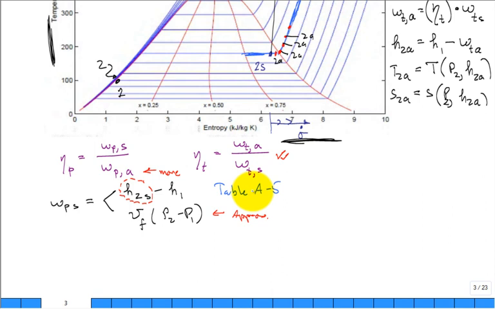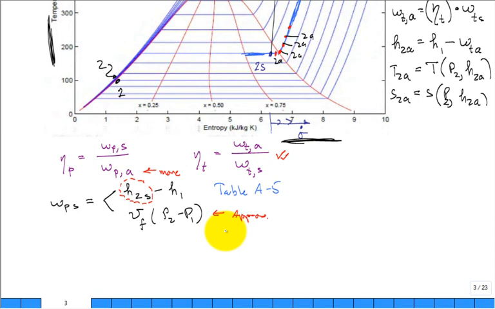Table A-5 is really for high pressures, and so you can have some interpolation error. And so this approximation is used quite often in our textbook. But if you really go to a high pressure, use table A5, because that approximation breaks down at high pressure.